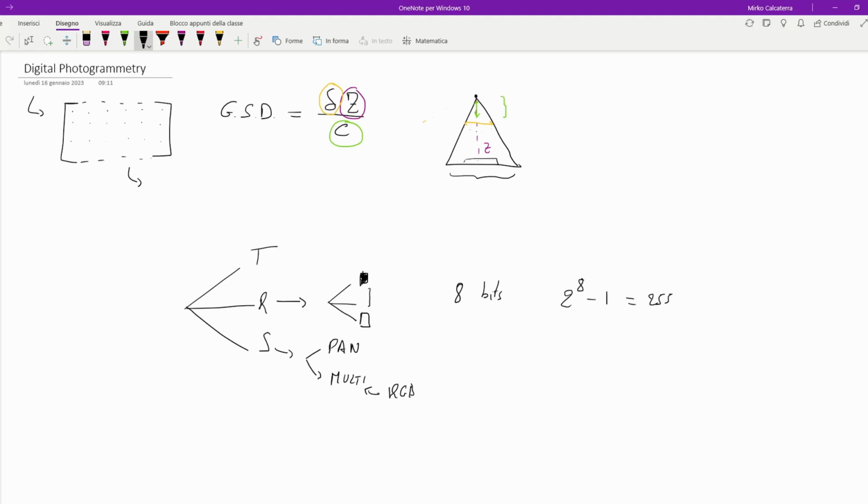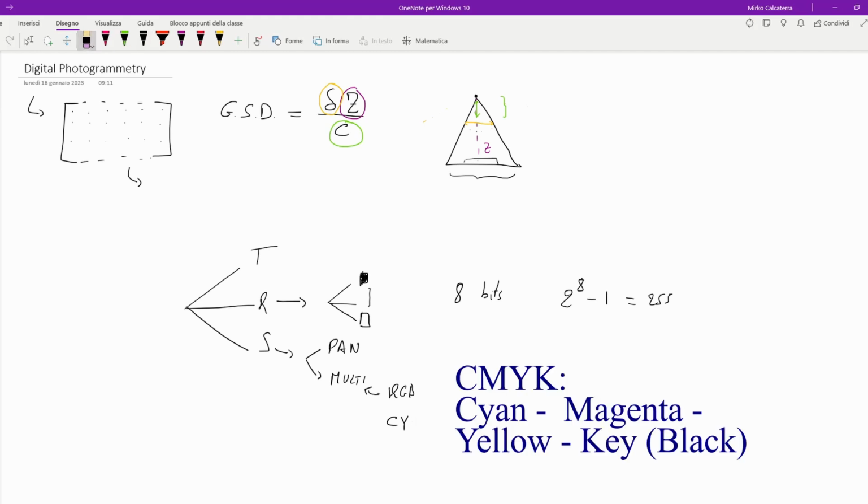For example, the one that printers usually use, with cyan, yellow, and others. I don't remember the rest, so I think I'll put it in the video in post-processing.